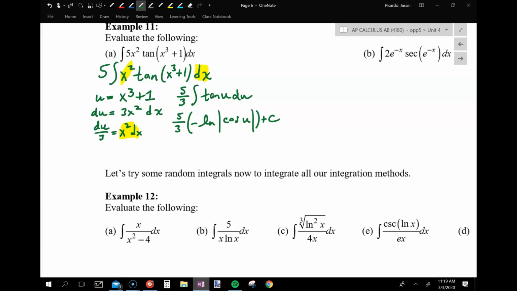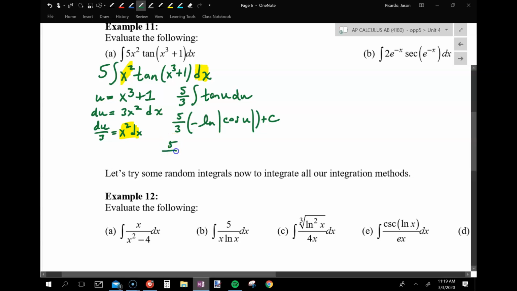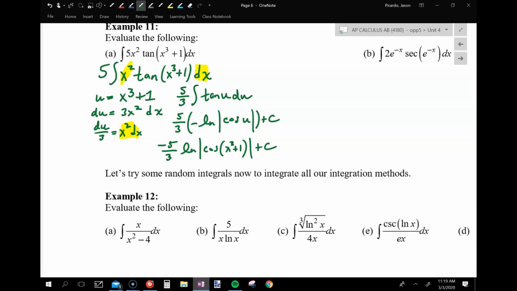And then last step, B, plug the u back in. Looks like this guy, right? You like that? Yeah, Brandon, you've got a good handle on that. You did a nice job.